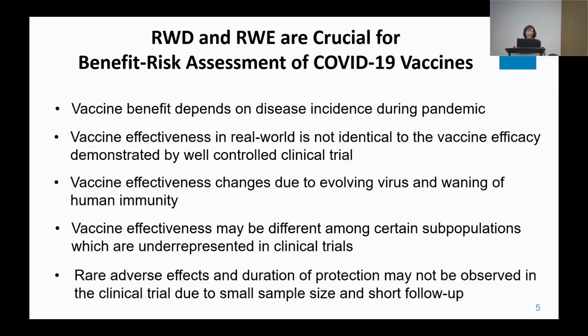And then finally, the rare adverse effects and also the long-term protection from the vaccine may not be appropriately assessed in the clinical trial due to small sample size and short follow-up.